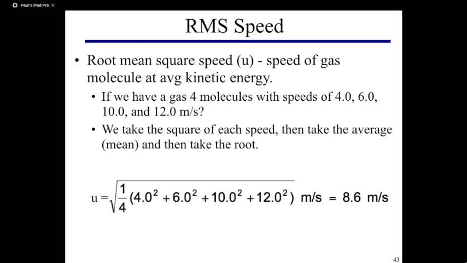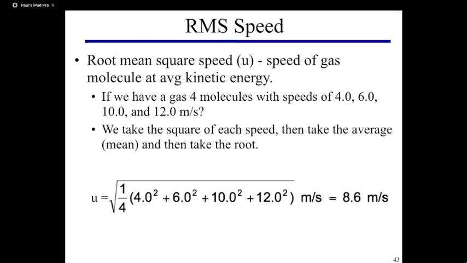Now, when we calculate root mean square speed, will we ever have to do this calculation? What if you had a mole of gas? How long would it take you to do that calculation? You would have to know every individual speed of every one of the 6.022 times 10 to the 23rd atoms, square each of them individually, divide it all out, and then take the square root.